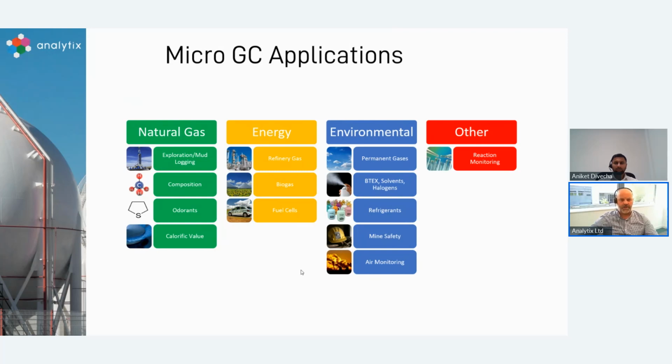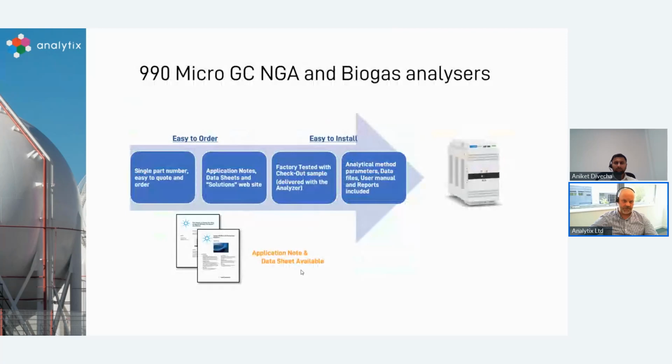Now, as we do have main applications, as I mentioned, like NGA, biogas, RGA, we actually have solutions that are already set up, which are quite nice if that is the area you're working in. They basically come as a single part number where the system is configured either in its normal version or an extended version based on how many compounds you want to analyze within these application fields.